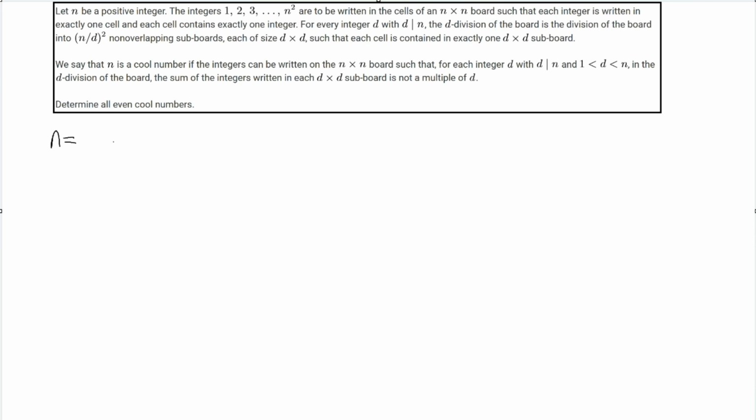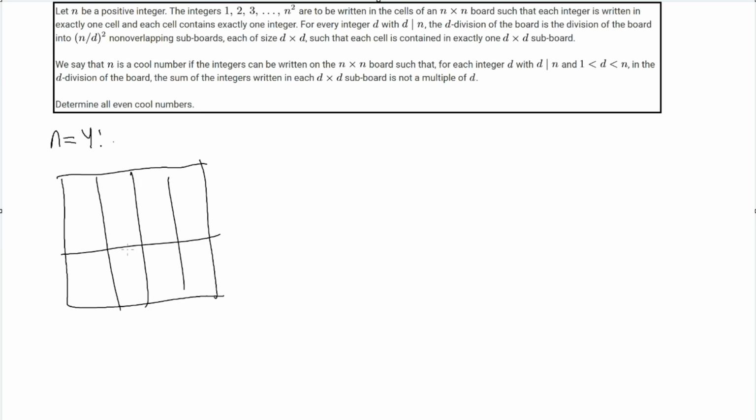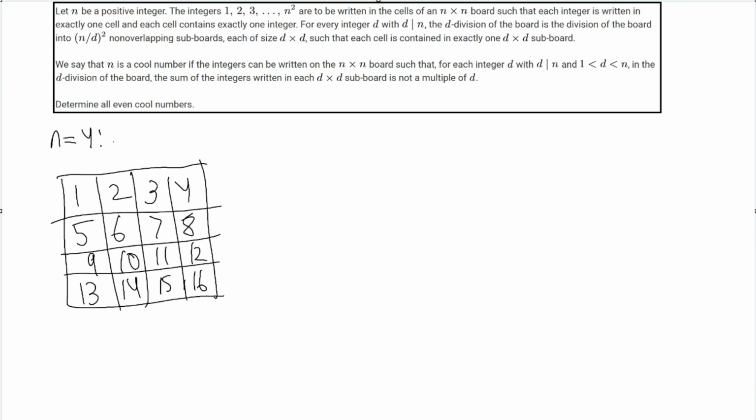Now we look at n equals 4. Then we have the numbers 1, 2, 3, 4, 5, 6, 7, 8, 9, 10, 11, 12, 13, 14, 15, 16. Then we know that for d equals 1, we don't have to include that.